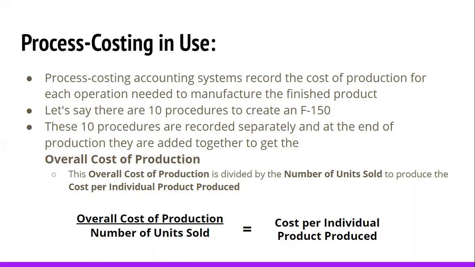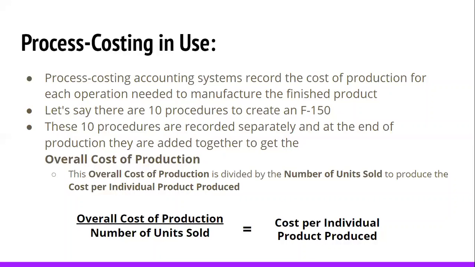All right, so looking at a bit of process costing in use. Process costing accounting systems record the cost of production for each operation needed to manufacture the finished product. For example, let's say there are 10 procedures to create an F-150. These 10 procedures would be recorded separately by the accounting department, and at the end of production, they would be added together to get the sum, which would be the overall cost of production.